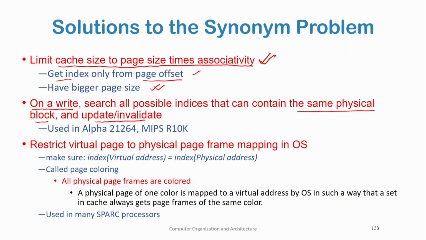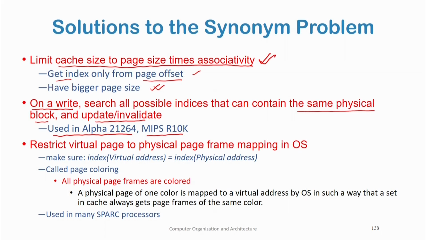I have to check in all possible positions in the cache where this data can reside. So, I have to check all the 4 different sets in which this particular data can reside, and this technique is used in architectures such as Alpha and MIPS.